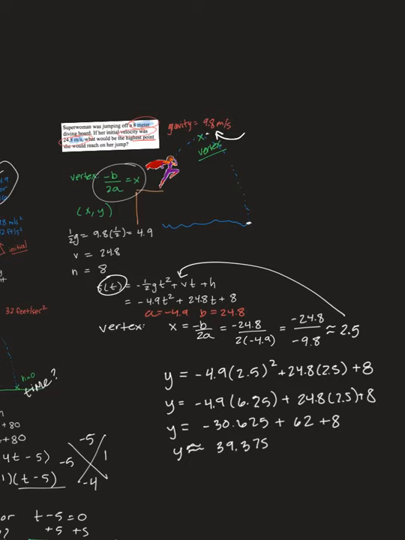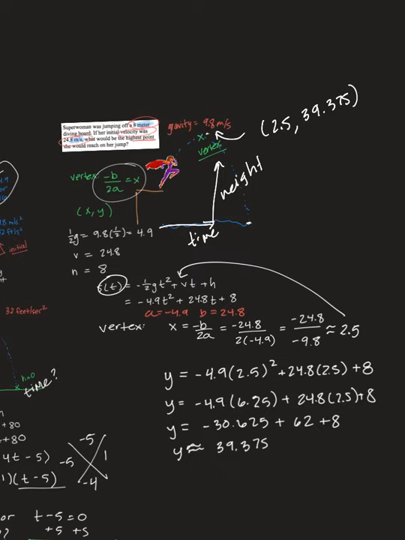And then I want you guys to realize that we're talking about this point right here. The point is going to be 2.5, comma, 39.375. Now, if we're looking at this like a graph, this right here is our time, and up here is our height. So it's like our time and then our height.